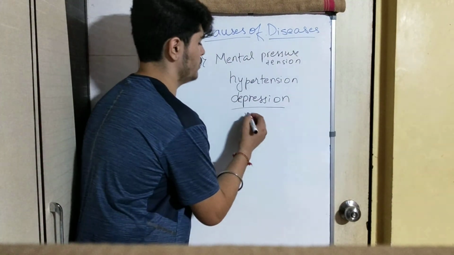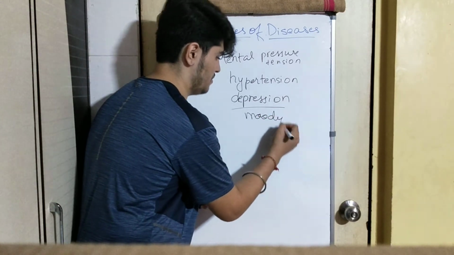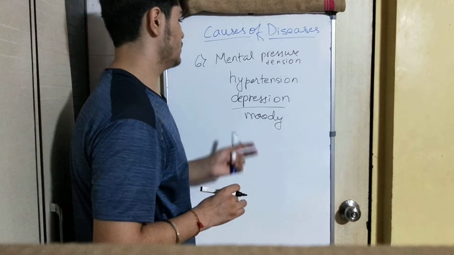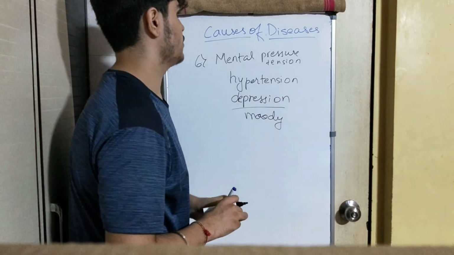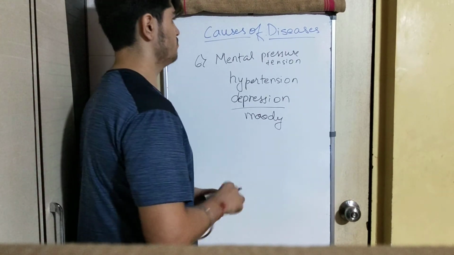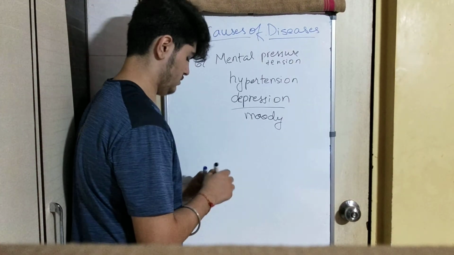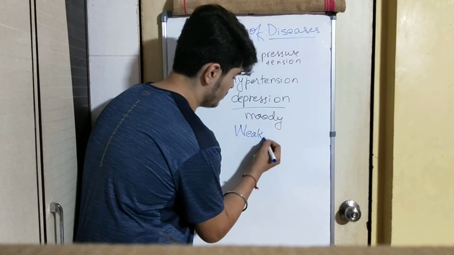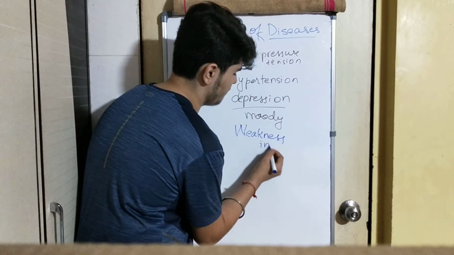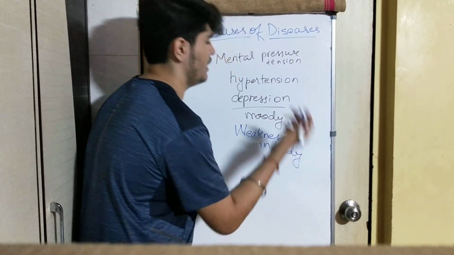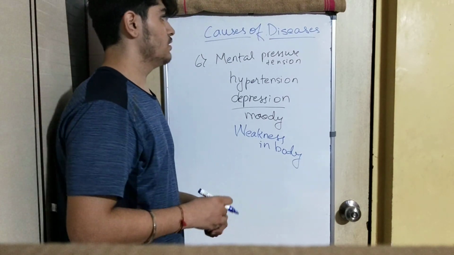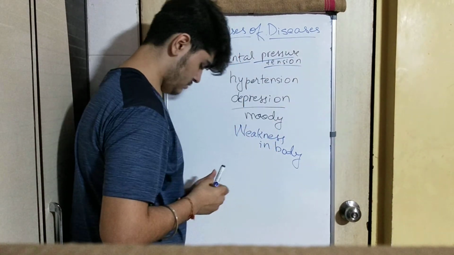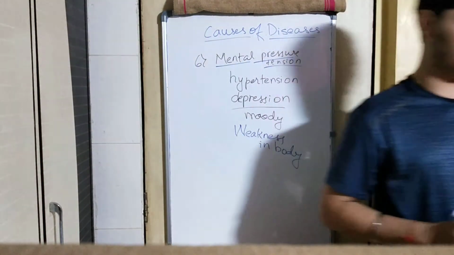These are due to the moody types. So this is also one of the reasons due to which you can get diseases. You can have weakness in your body, and there are n number of diseases due to mental tension, mental pressure. Can copy it down.